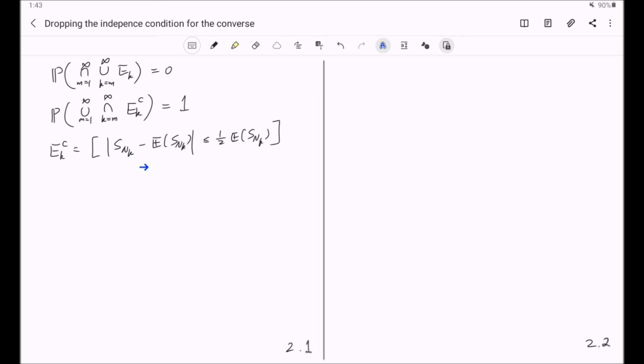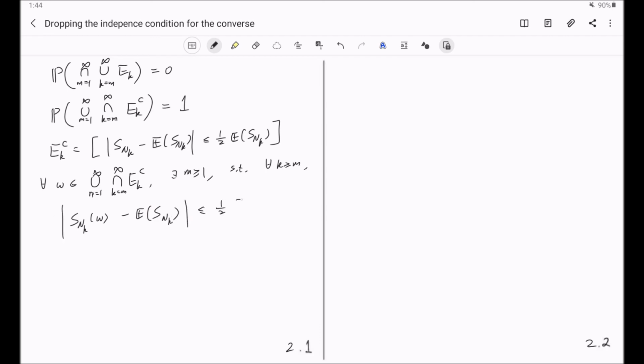And what does this tell you about S sub n_k? This tells you that for any omega in here, there exists an m such that for any k greater or equal to m, this happens: S n_k of omega minus E of S n_k, absolute value, is less than or equal to 1/2 of this expectation, which implies, if you break down this absolute value, that S of n_k of omega is greater or equal to 1/2 of its mean, the mean of S of n_k.